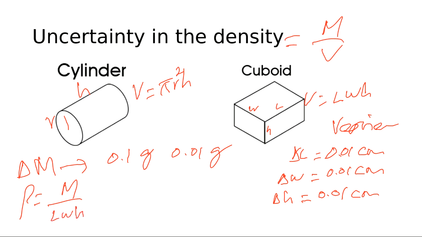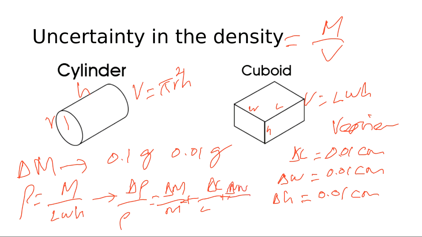Then delta rho over rho, where rho is the density, is given by the uncertainty in the mass divided by the mass, plus the uncertainty in the length divided by the length, plus the uncertainty in width divided by width, plus the uncertainty in height divided by height. That's the way you calculate the uncertainty in this case. You may wonder why.